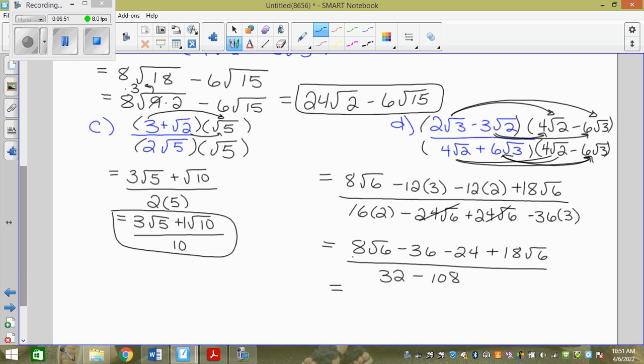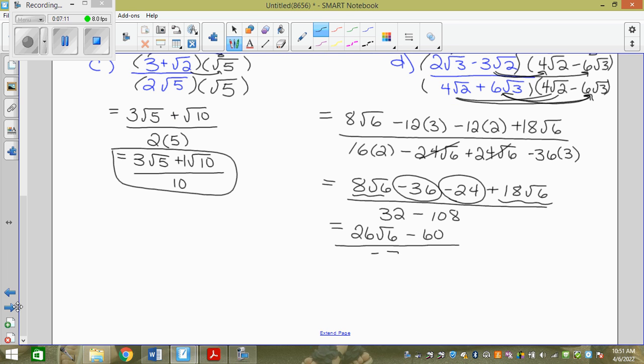And so then I get 8 root 6 plus 18 root 6 is 26 root 6, minus 36 minus 24 more is negative 60.